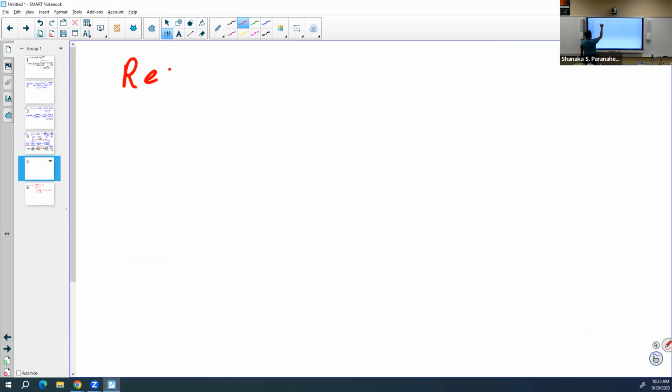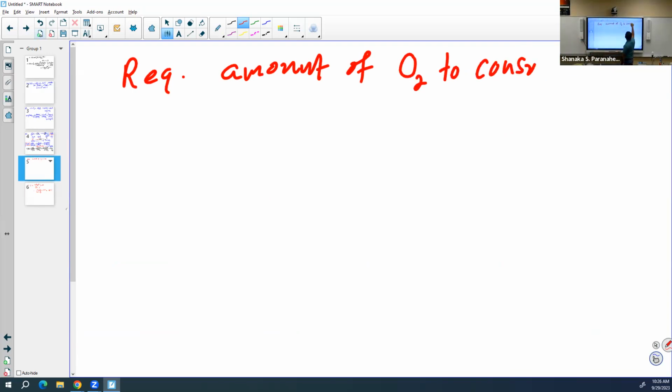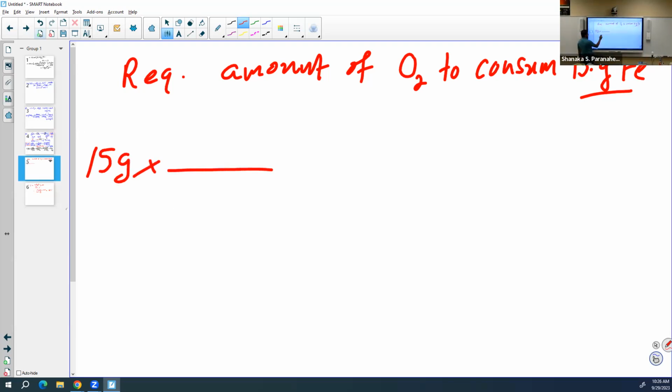The required amount of oxygen to consume 15 grams of iron. Why are we using iron? Because iron is the limiting reactant. So we convert 15 grams of iron into grams of oxygen. Divide by the molar mass of iron, 55.85 grams of iron, 1 mole of iron.